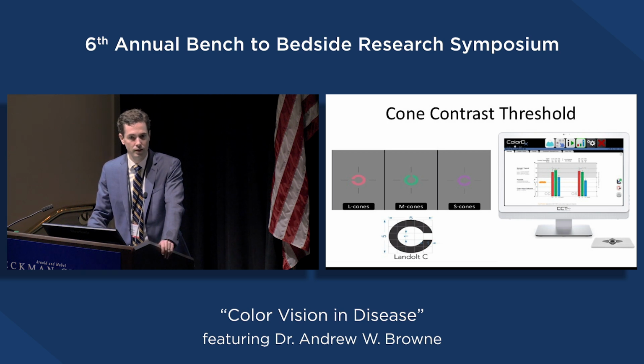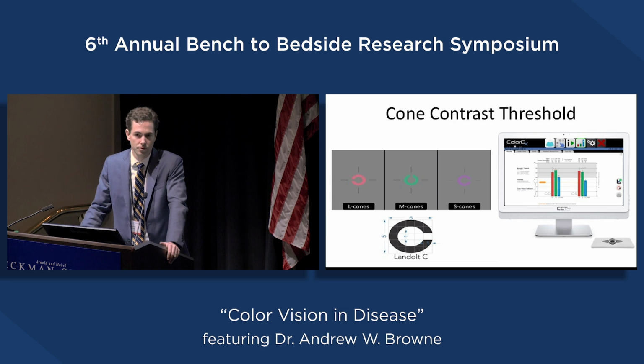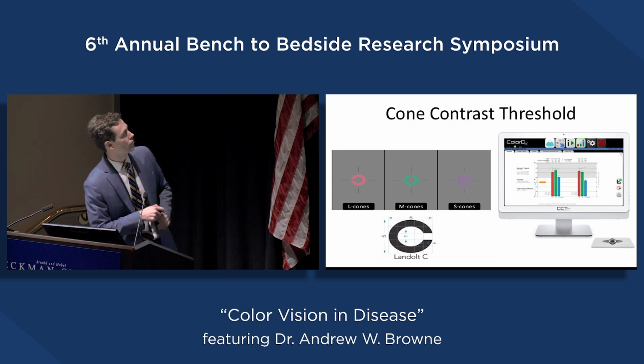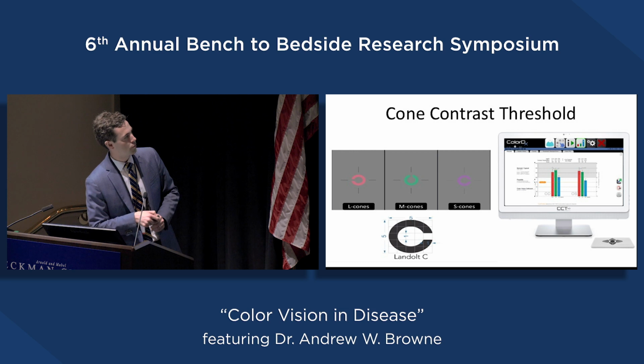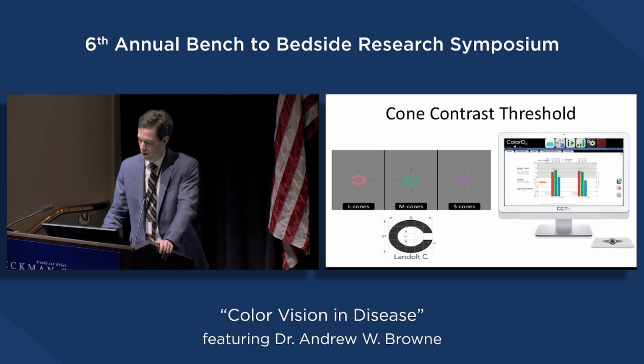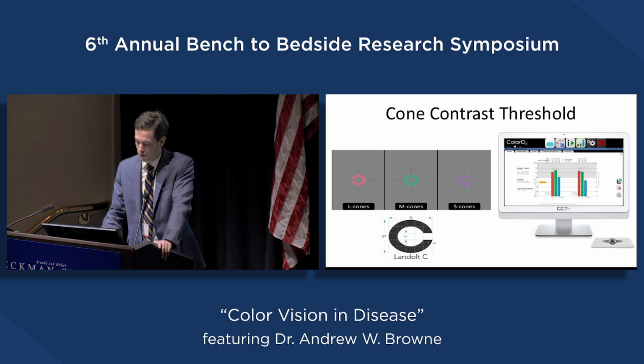It's very useful in this format because it's basically a highly calibrated computer screen that can control exactly how bright these different letter C's are presented to a patient, and provides a format in terms of the data presentation where you can see the individual sensitivities of the red, green, and blue opsins in human subjects in each of their eyes.